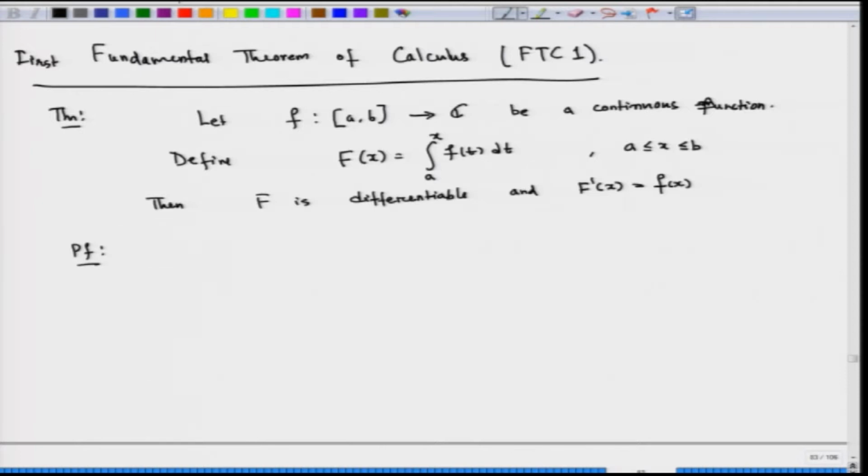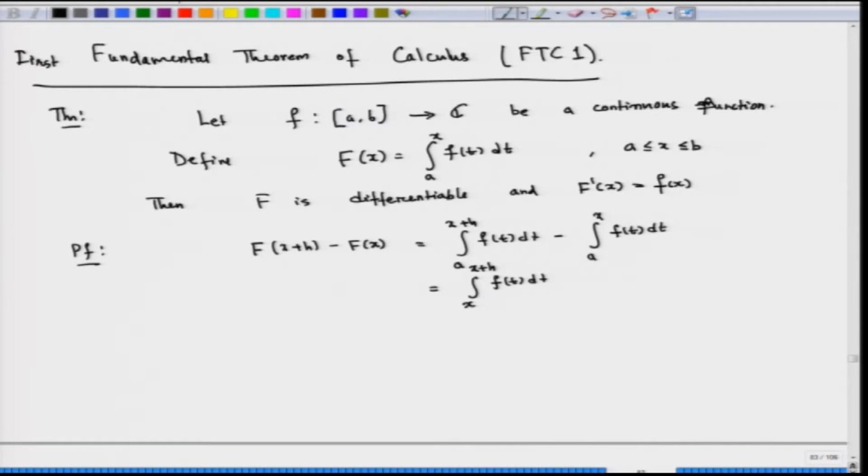Now, to show that F is differentiable, F of x plus h minus F of x, if we write it, is going to be the integral from a to x plus h of f of t dt minus the integral from a to x of f of t dt, which by the property of integration we have studied earlier is going to be the integral from x to x plus h of f of t dt.